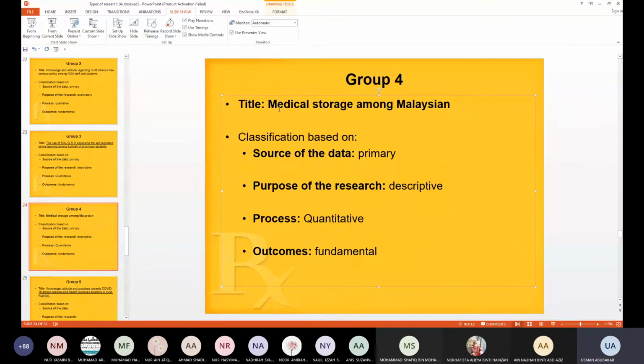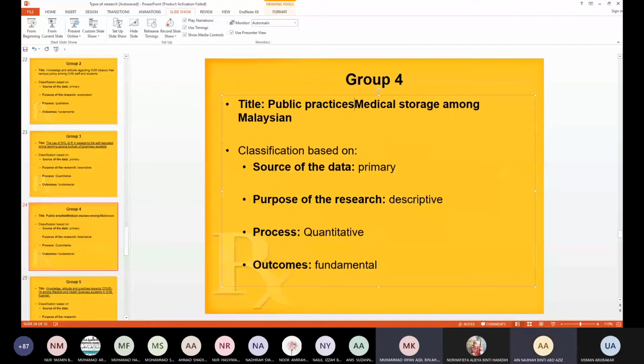Can you hear me? Yes. Once again, doctor. We lost her. Any member of the group? Public practice of medication storage. Okay. Public practice of medication storage and disposal among Malaysian population.